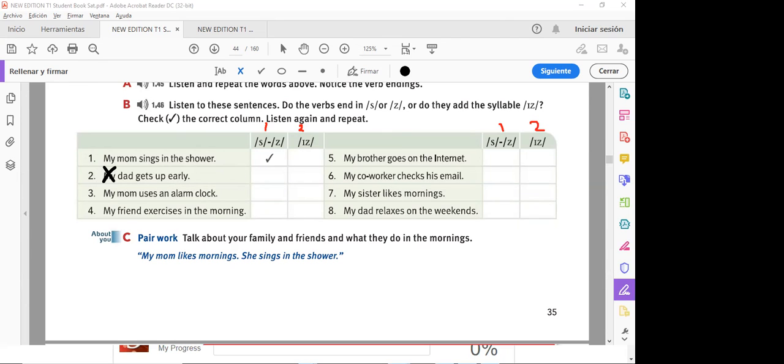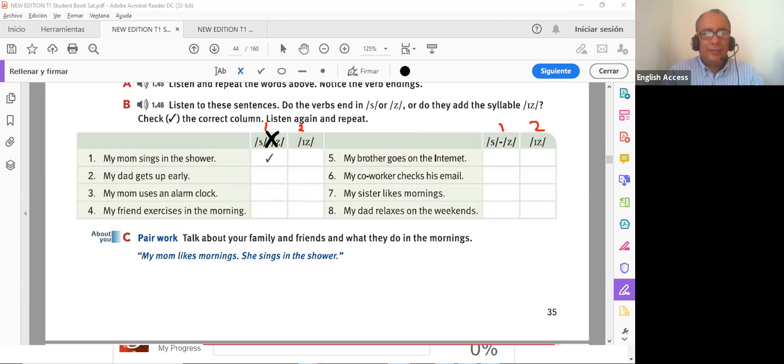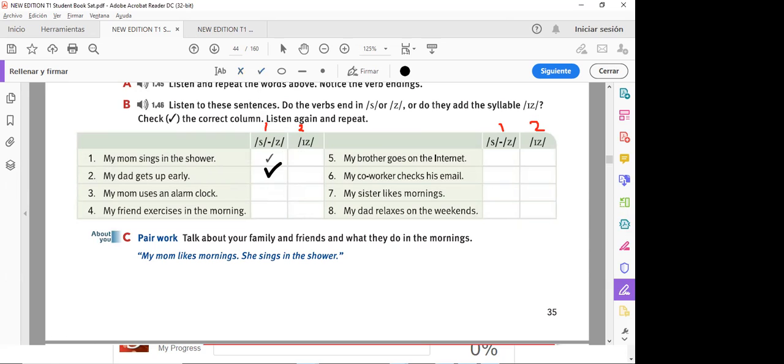This is the example. 1. My mom sings in the shower. Sings. Column 1. 2. My dad gets up early. Gets. Column 1 or column number 2? Number 1. Column number 1. Very good, Pacheco. 3.